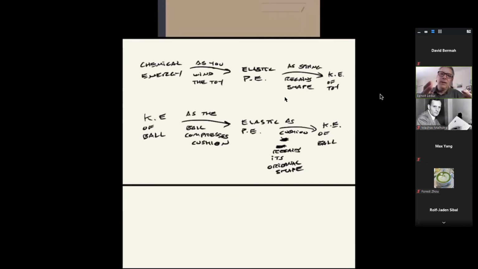It'll be kinetic energy of the ball transferred to kinetic energy of the other ball. Remember Newton's pendulum? They have four or five hanging, and then boom, it transfers kinetic energy from one to the other. Actually, it also transfers momentum, but that's something you're going to learn next year.